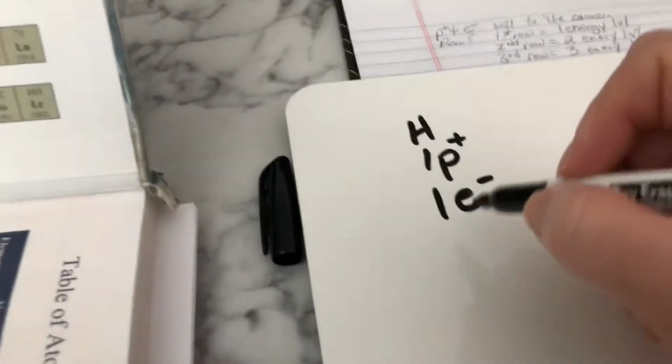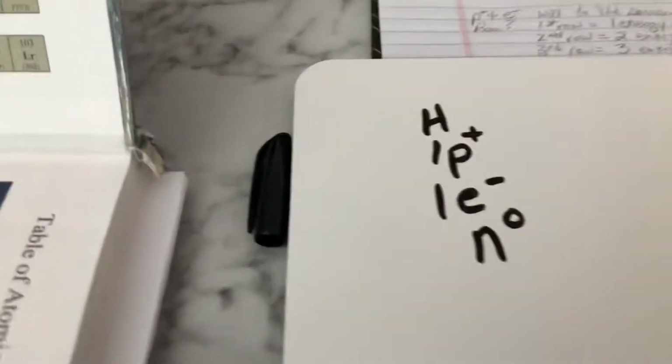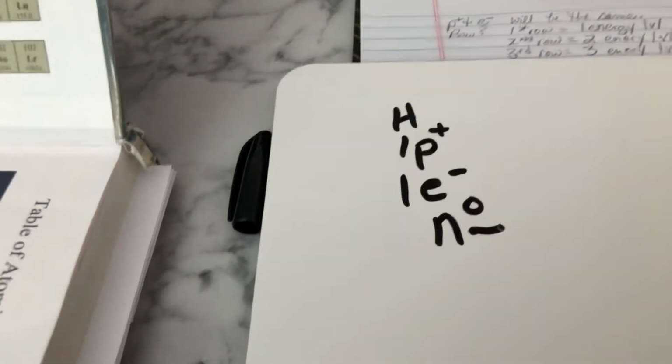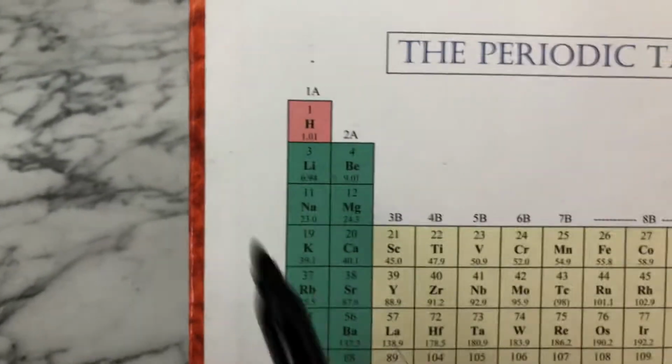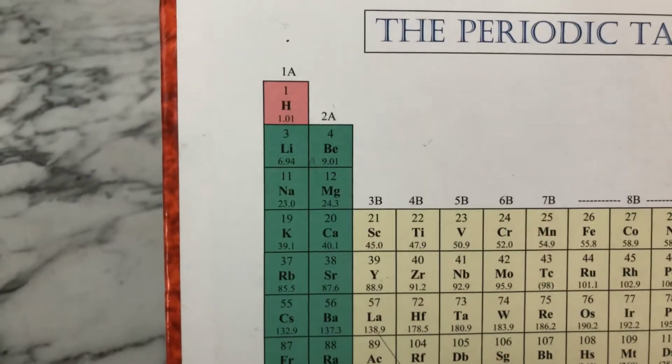Now we've got to figure out how many neutrons. There's no charge on a neutron. To get your number of neutrons, you have to get the mass number, so you come back over to your periodic table and see that number right there, 1.01.